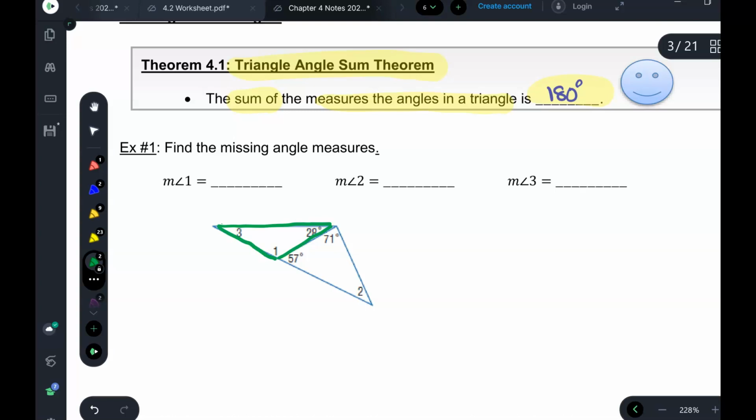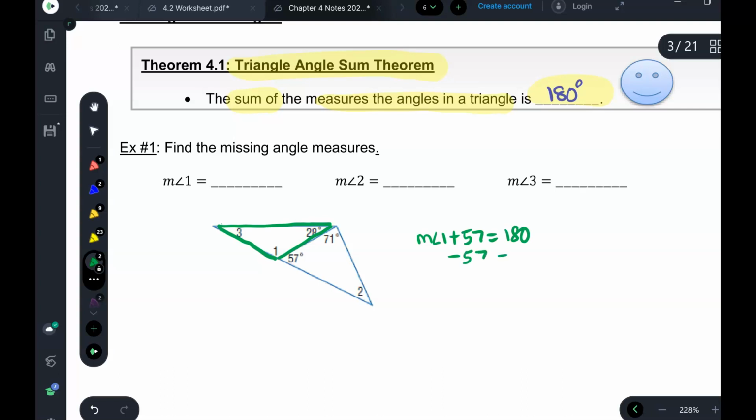Oh no, we don't have enough information to find angle 1 based on that theorem. However, what do we notice about angle 1 and 57 degrees? They're a linear pair. So the measure of angle 1 plus 57 has to be 180.